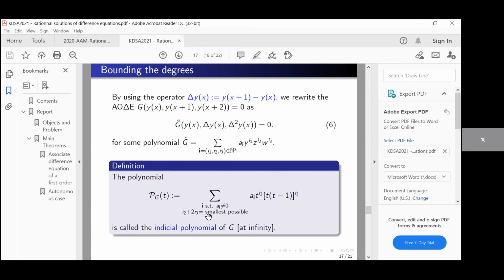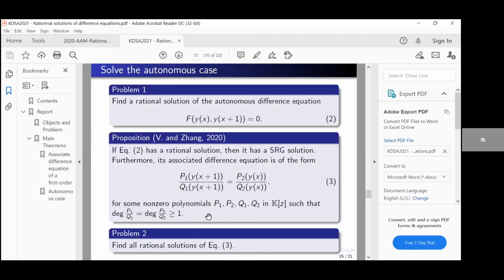If you look at the perfect difference ideal generated by your original difference equation, in general it need not be a prime ideal. So in general, you can have more than one component. Does that somehow come up in the algorithm? How is the algorithm dealing with the case where you have several components?